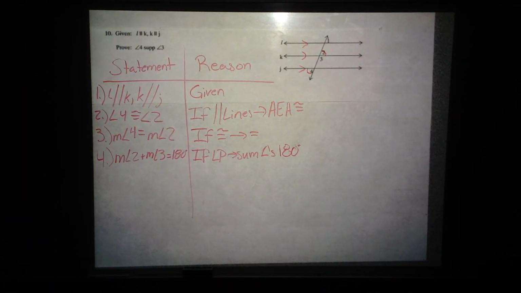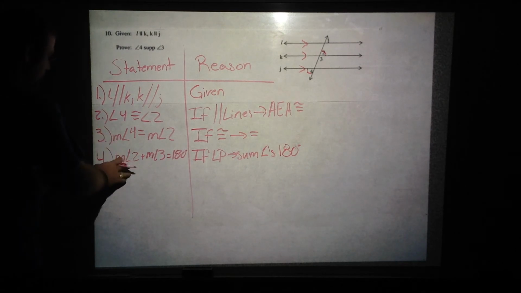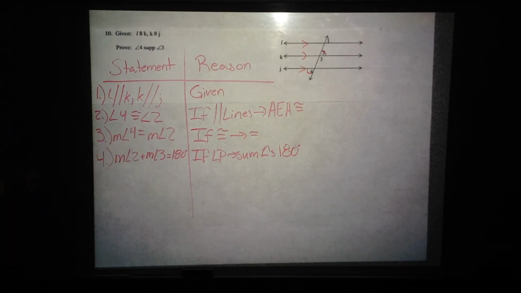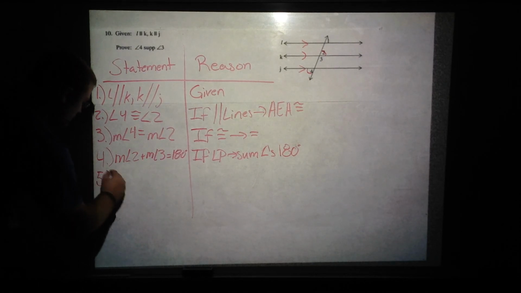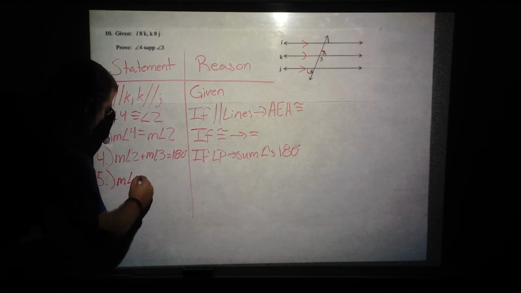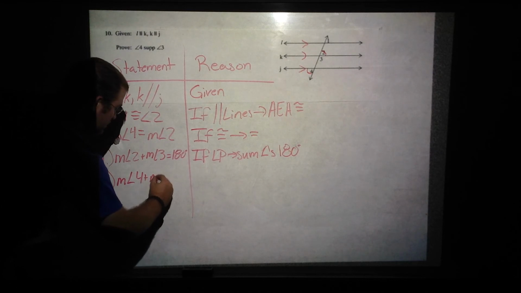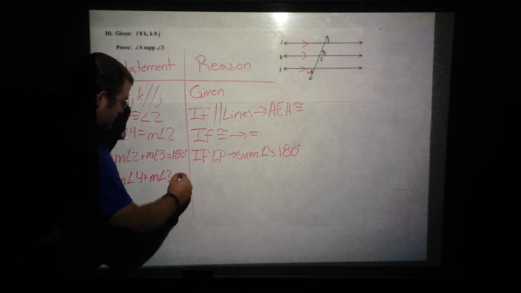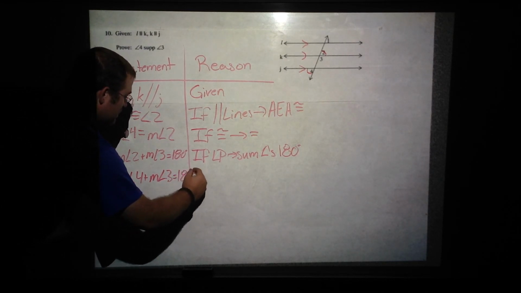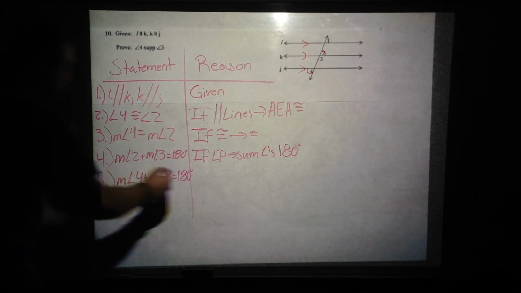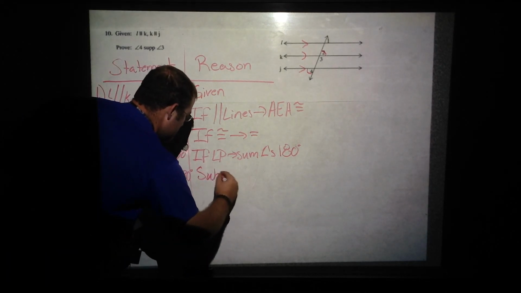If our sum of our angles is 180 degrees, and we know that angle 2 is also equal to angle 4, we can substitute in angle 4 plus the measure of angle 3 is equal to 180, and that is substitution.